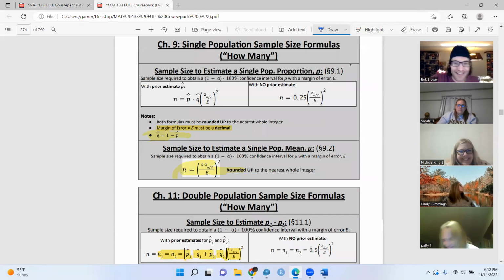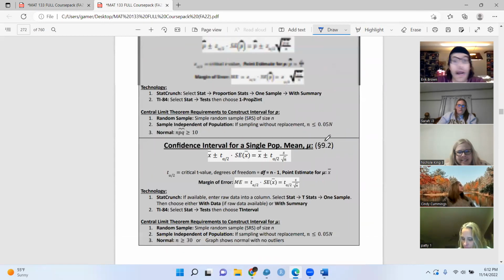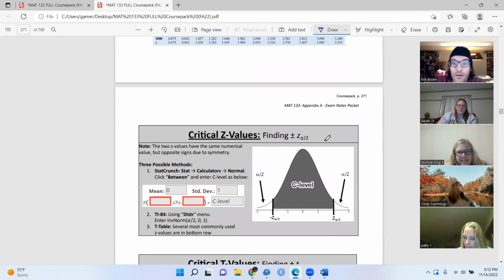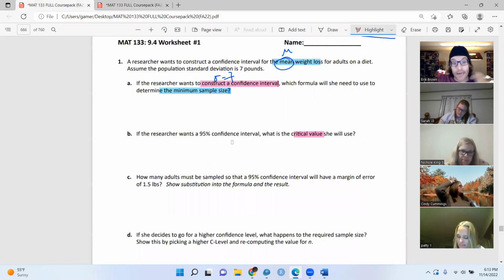Yeah, right. That's the correct answer. Yes, that's right. It's this thing. Now, if you're forgetting how to find Z alpha divided by 2 in StatCrunch, I've got a page for you. 271. We did it in chapter 7. Maybe I should have added this to the list of questions you might be asked. What's the critical value? Okay, I think you've got it.